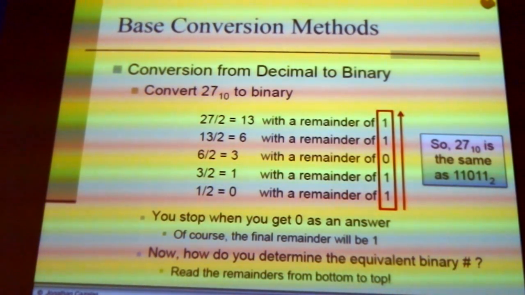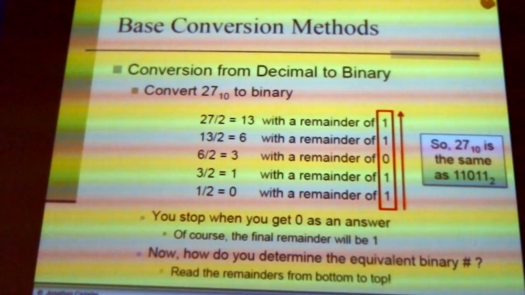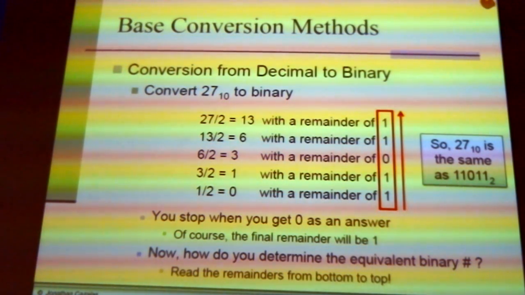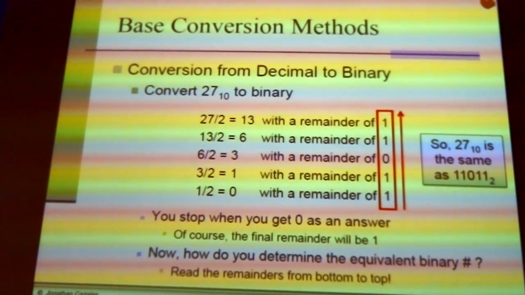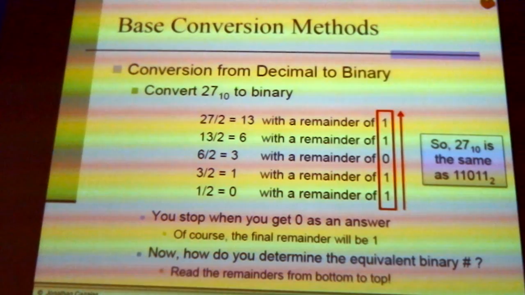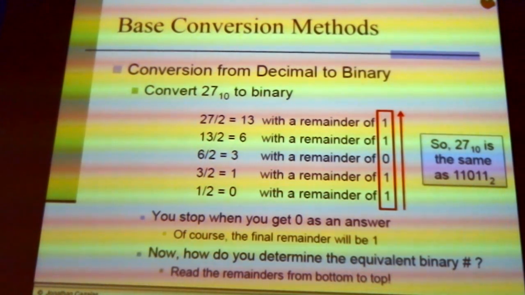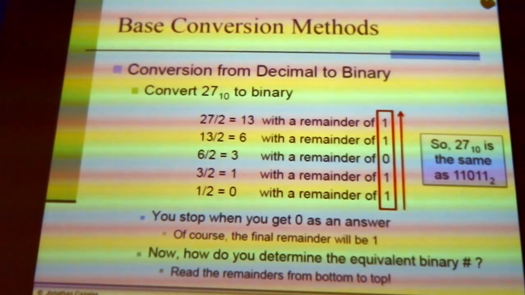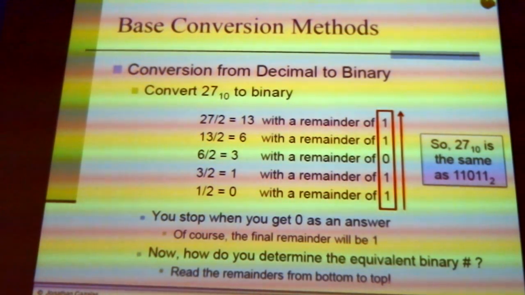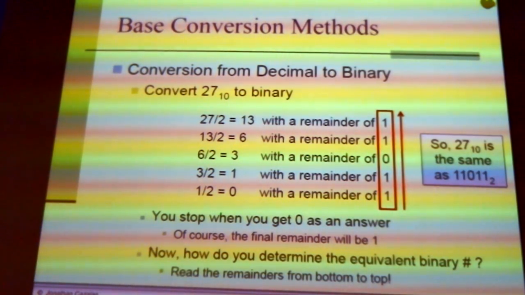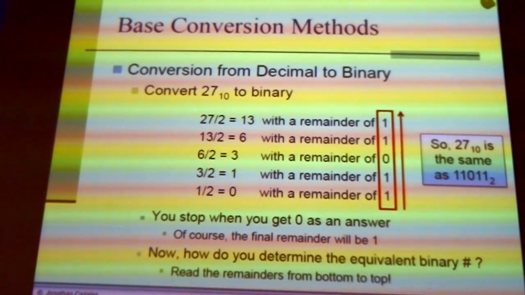This is cool. Doing this methodology is pretty cool because it shows you the binary right there on the right based on the remainders. How awesome is that? So here, on 27, the first calculation comes in, and we come up with 13, but we have a remainder of 1. Then 13 divided by 2 is 6, with a remainder of 1, and 6 divided by 2 equals 3, but we have no remainder, so we have 0.